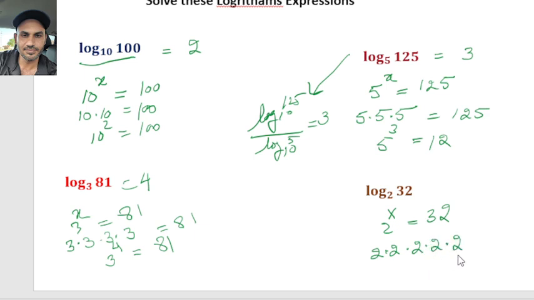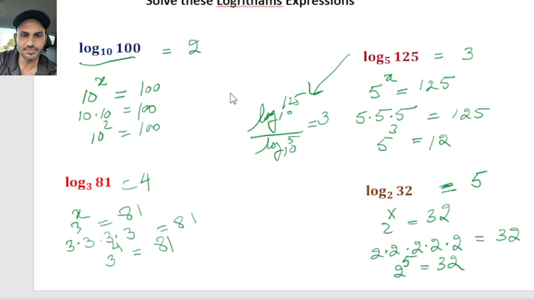So we have 5 of them. That equals 32. So 2 to the 5 equals 32. So this expression is equal to 5. Raising 2 to the 5th power gets us to 32, so the value of this log expression is 5.